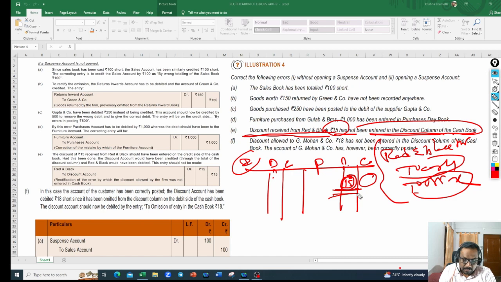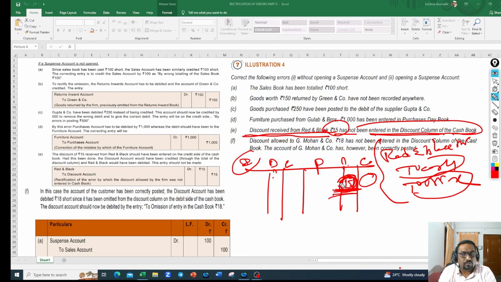Guys, if they simply say this is missed to write in the cash book, that means this will have impact in two accounts. That is the important point here. What are those two accounts? Whatever amount you put in the discount column, it will go to two accounts.